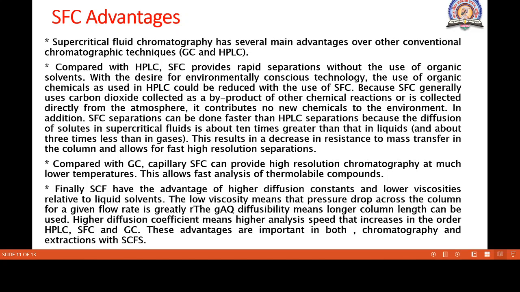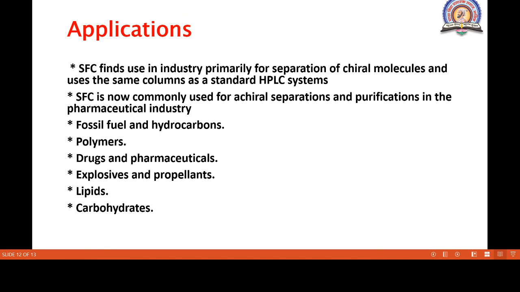The low viscosity means the pressure drop across the column for a given flow rate is low. This means longer column length can be used, and higher diffusion coefficient means higher analysis speed, which increases in the order of HPLC, SFC and GC. These advantages are important in both chromatography and extraction with SFC.